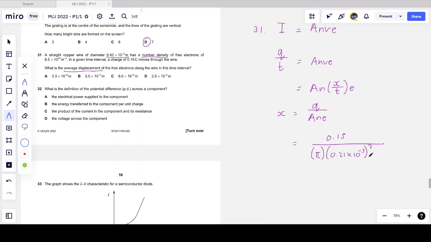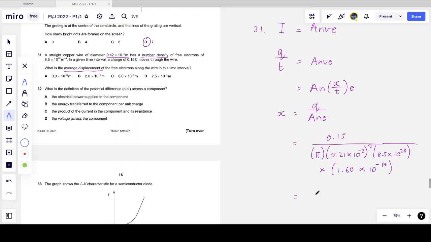We square that, multiplied by the number density, which is always going to be a very large number, 8.5 times 10 to the power 28. That's already in cubic meters, so that's fine. And then multiplied by the charge of an electron, 1.6 times 10 to the minus 19 coulombs.